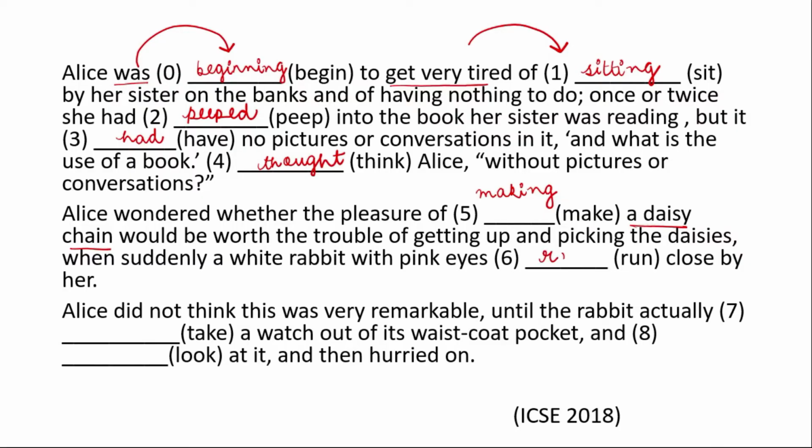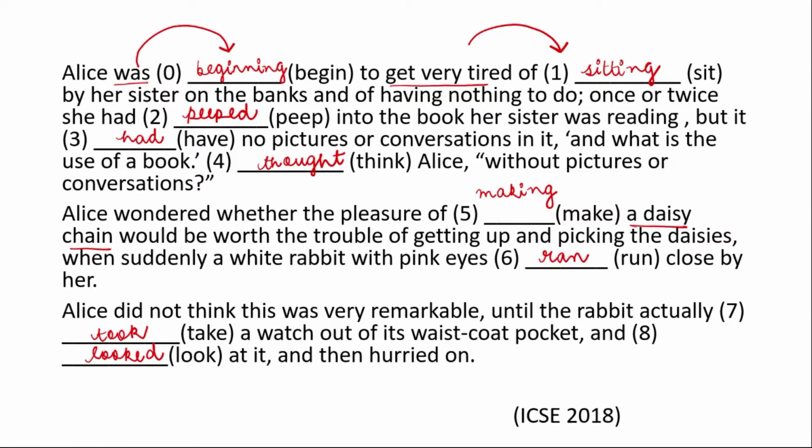It is past, so the past tense of run is ran. Alice did not think this was very remarkable until the rabbit actually took, the past tense of take, a watch out of its waistcoat pocket and looked at it and then hurried on.